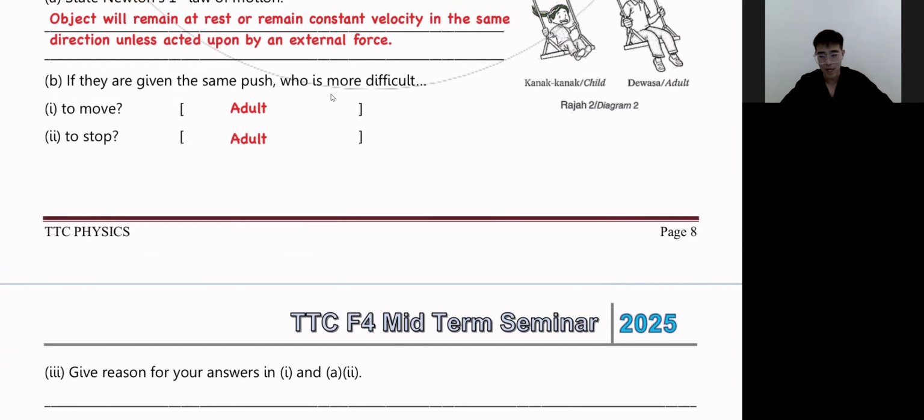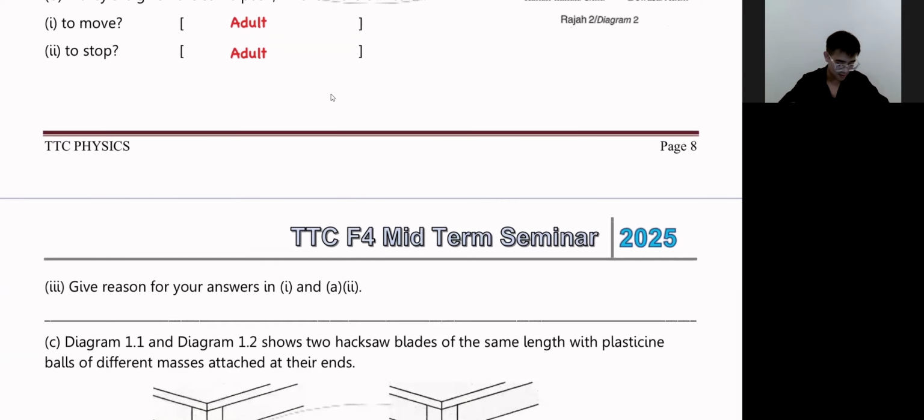When the object is moving, it will want to continue moving, so if you want to stop it, it will be harder to stop at the same time because of the inertia of the object. So remember, mass affects inertia. The greater the mass, the greater the inertia of the object. Clear?